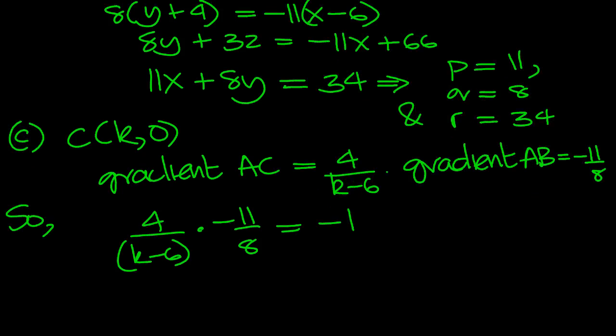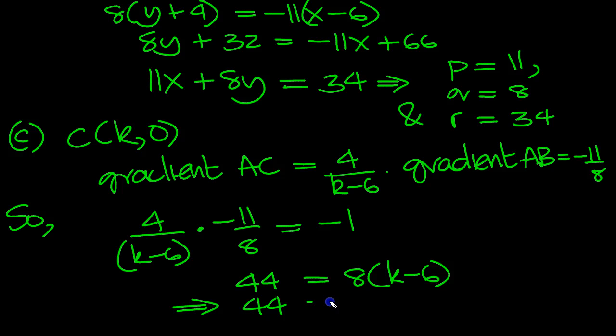Okay, so we need to move things around then. We've got a minus both sides, so we can get rid of the minus, and we've got 44 is equal to the 8 times k minus 6. I've dropped the minus from both sides. So that tells us then 44, expand the bracket, 8k, 8 6s are 48, so it's minus 48.